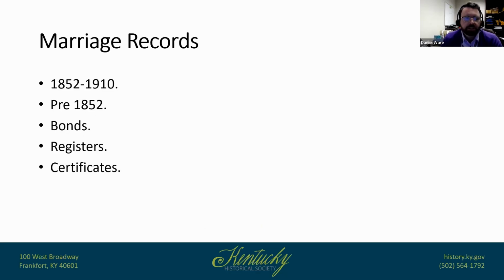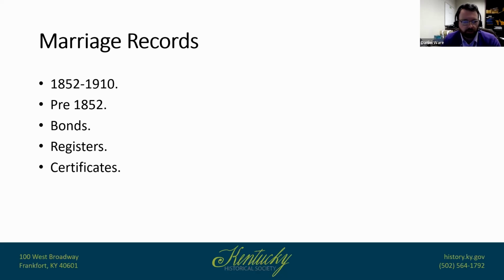And marriage records, it can be the same way, except at least I feel like when I've searched, I'll find more marriage records, even before 1852, of some sorts, like marriage bonds, which I believe, from what I've understood, was basically where the husband or one of the male members of the party involved would put up some kind of compensation or money to ensure that this wedding was going to happen.